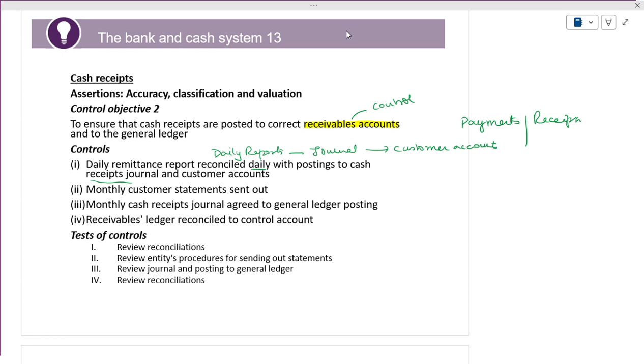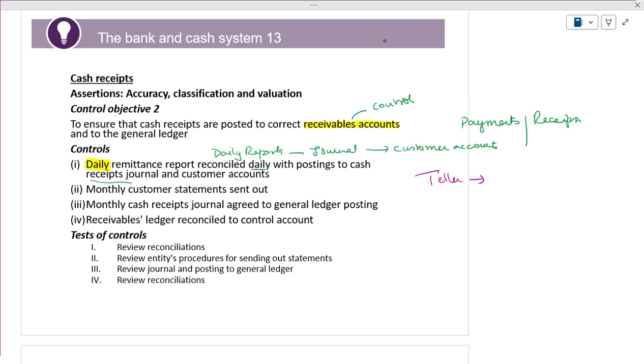Why exclusively, when we are talking about cash, should it be reconciled on a daily basis? This is mandatory. You see a bank, you see cash. In the bank, the teller cannot close the day without reconciliation.